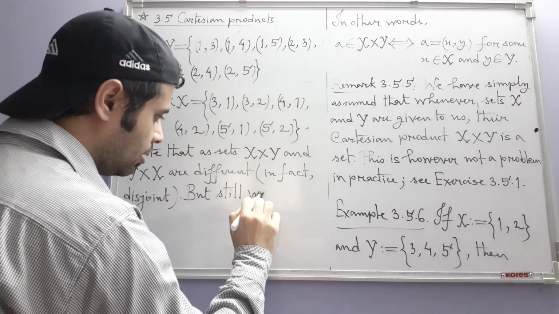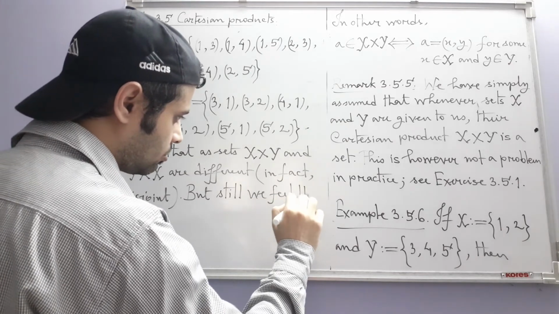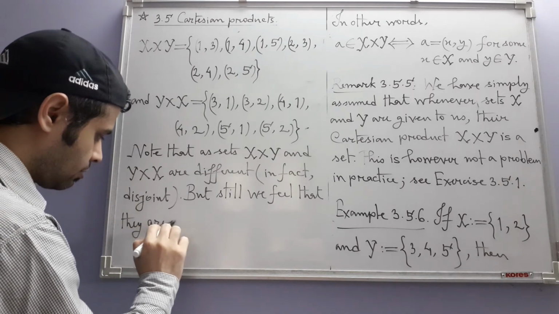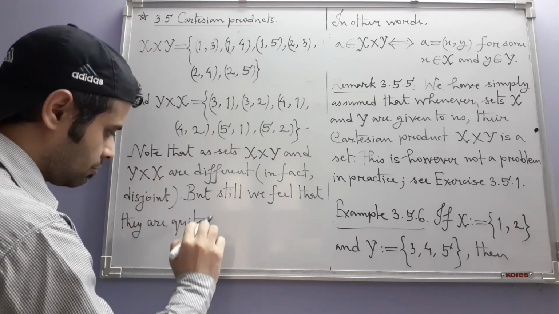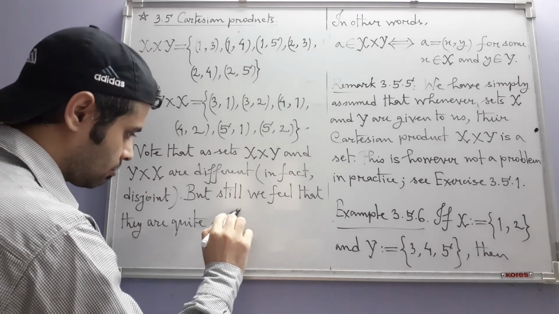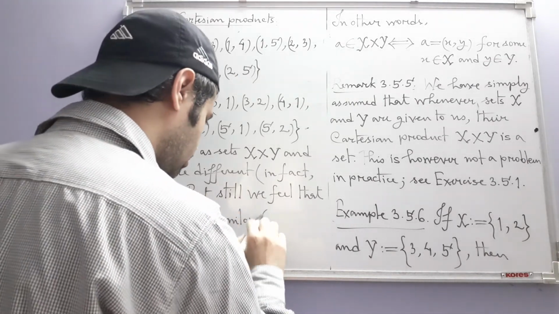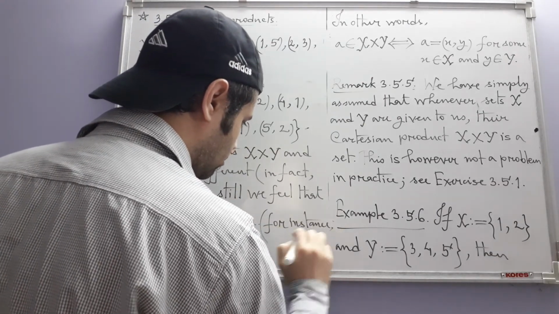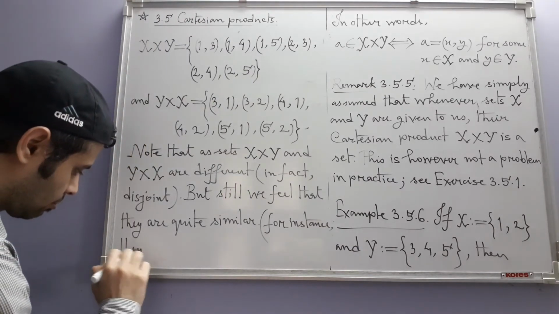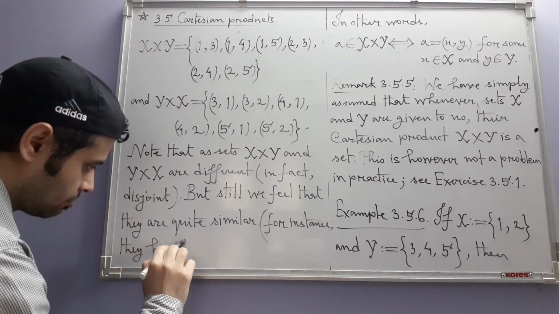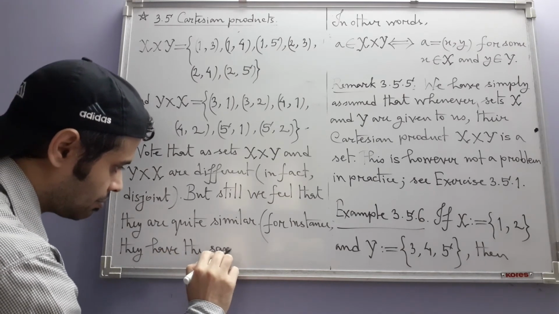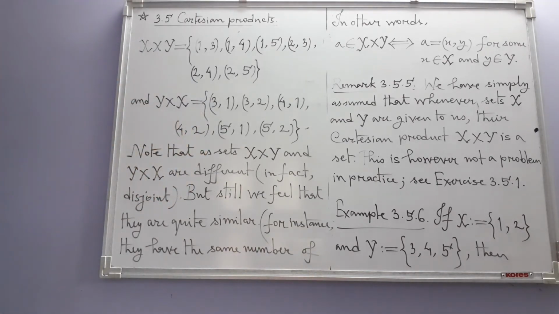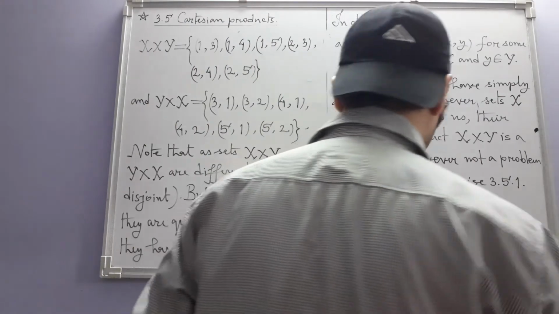But still we feel that they are quite similar. For instance, they have the same number of elements. Six elements each one of them has.